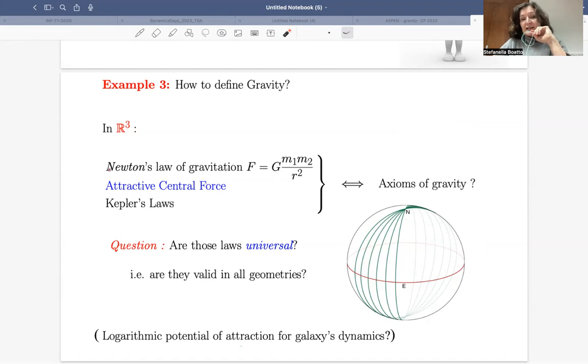Already in Arnold's book of classical mechanics, there is a comment between the lines that already in the plane, viewed as R2, forced by conservation of angular momentum, in a two-dimensional gravity, already Kepler's law is no longer valid, and I will comment on this further on.